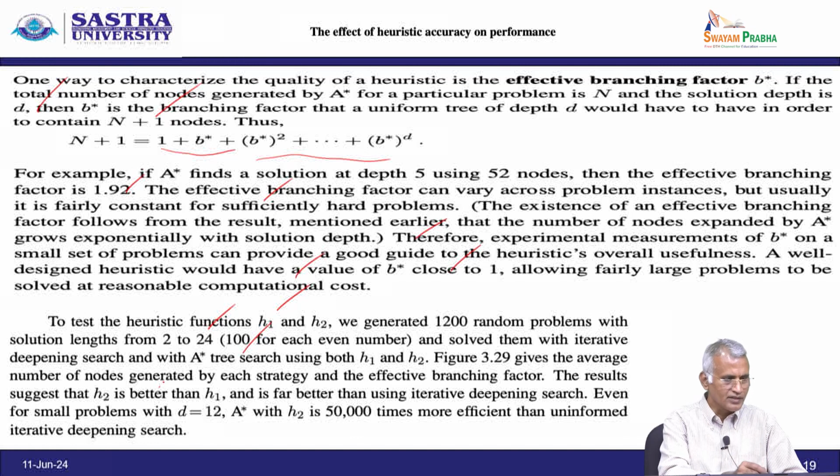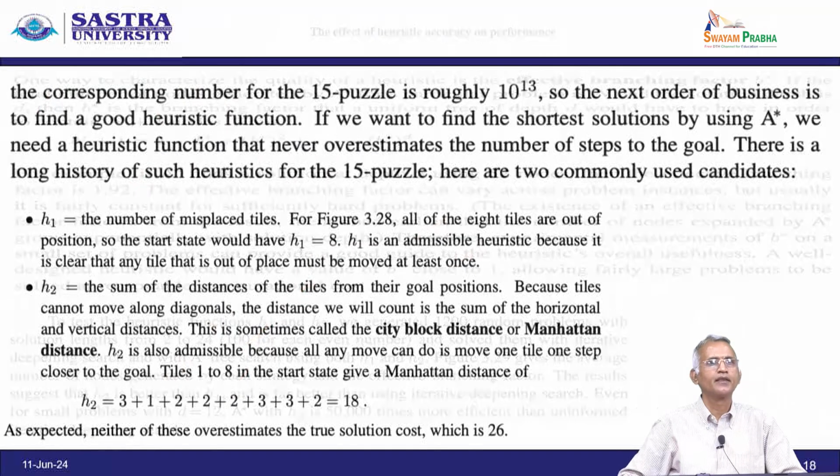The result suggests that H2 is better than H1, and is far better than iterative deepening search, even for a small problem with d equal to 12. A star with H2 is 50,000 times more efficient than uniform iterative deepening search.